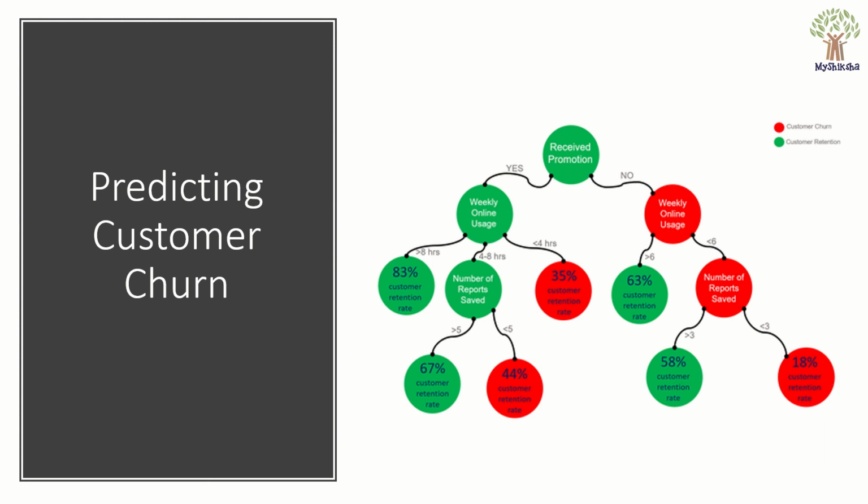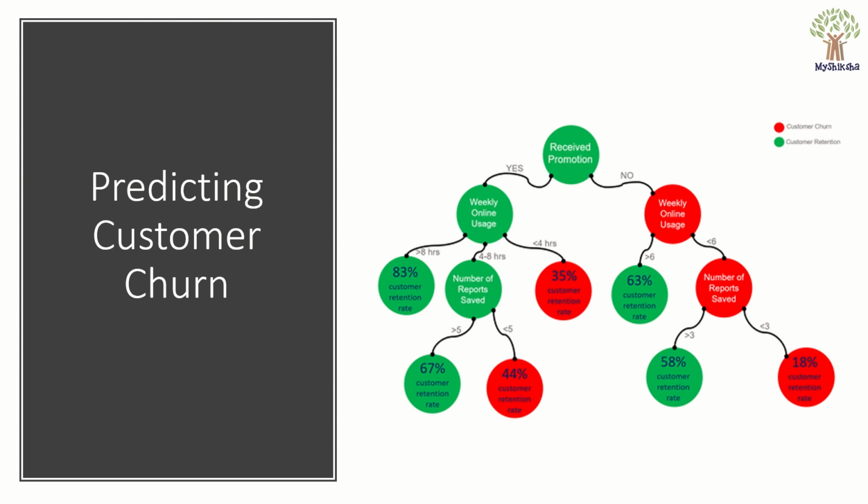There is a churn. So you look at the weekly online usage based on the promotion that has been offered. And then based on the number of reports served, you are again splitting the tree. If more than 5 reports have been served, that means a 67% higher customer retention rate.